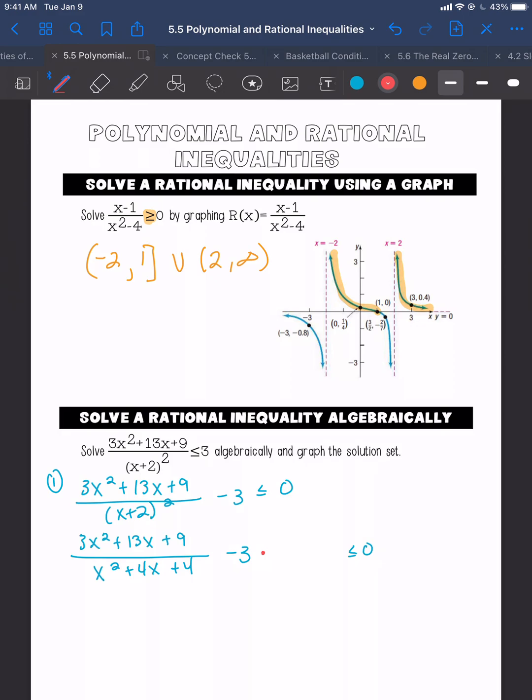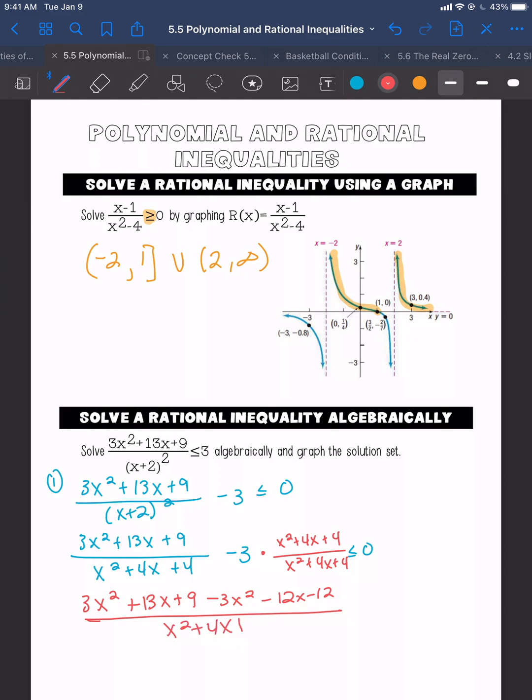So I'm going to have to multiply that 3 by (x squared plus 4x plus 4) over (x squared plus 4x plus 4). Alright, so I now have 3x squared plus 13x plus 9 minus 3x squared minus 12x minus 12, all divided by the common denominator of x squared plus 4x plus 4, less than or equal to 0.